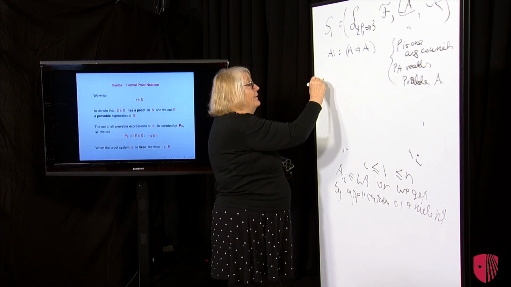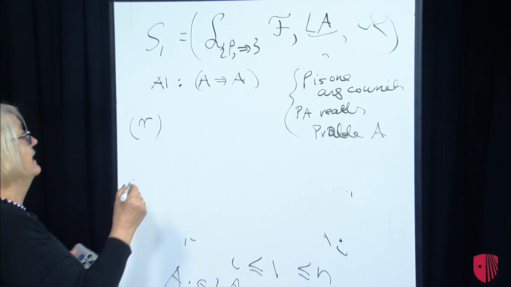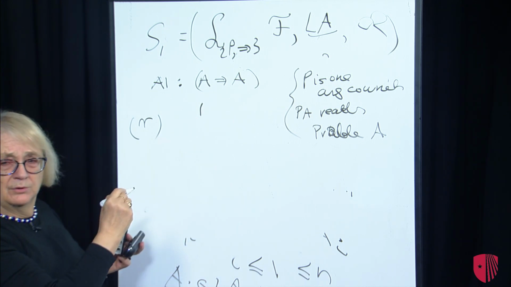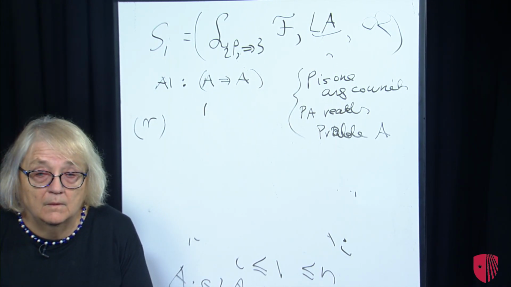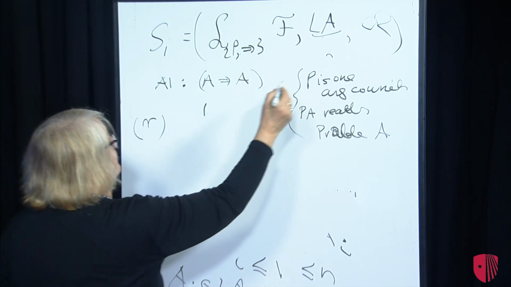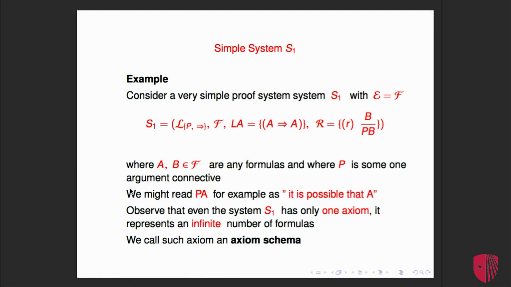I have one rule of inference, which says that if I have a formula B, I can write PB.